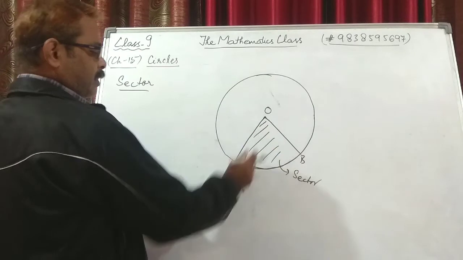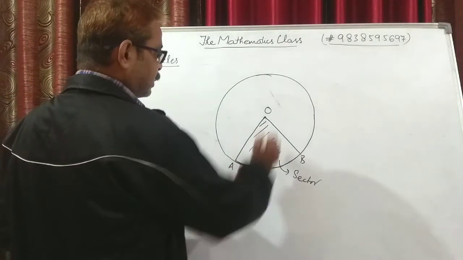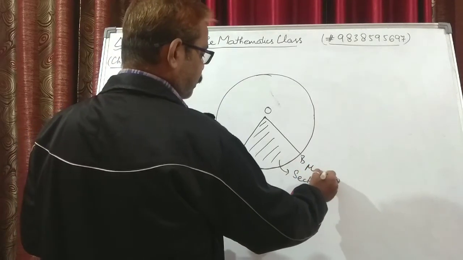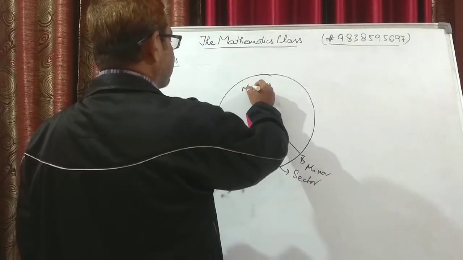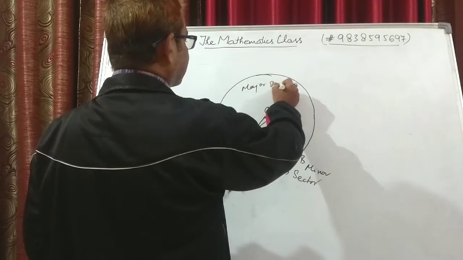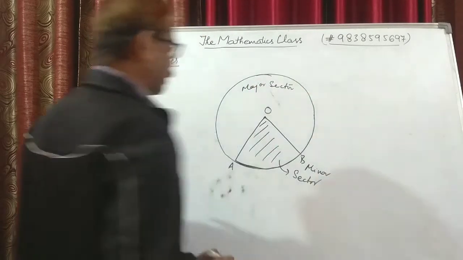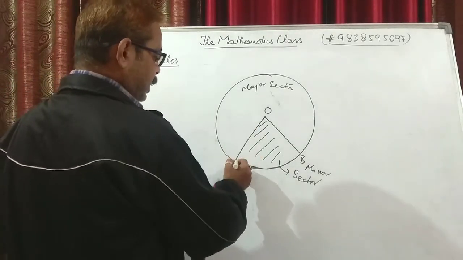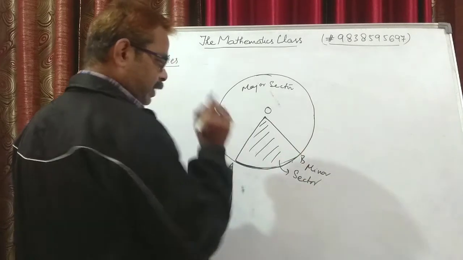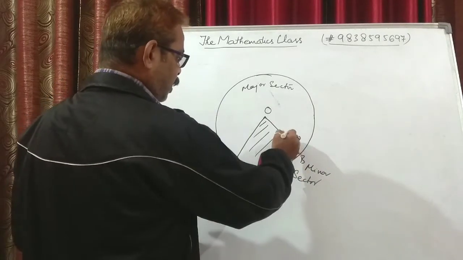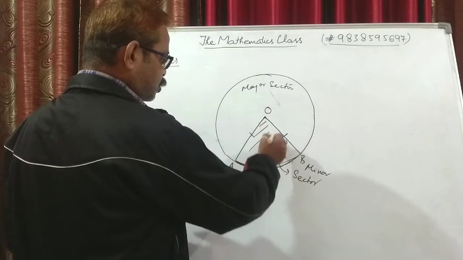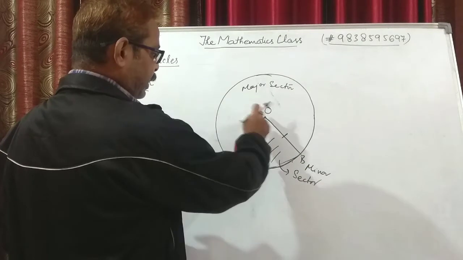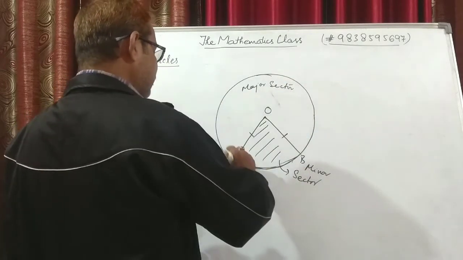Since this is a small part, this is a smaller sector, which we name as minor sector, and this is major sector of the circle. What is a sector? Whatever area an arc encloses along with two of the radii. So this total area is known as sector. This is also two radii and one arc. This is the major arc.